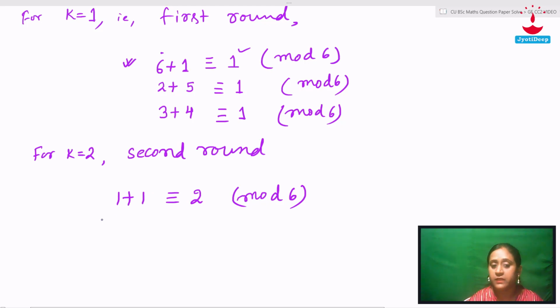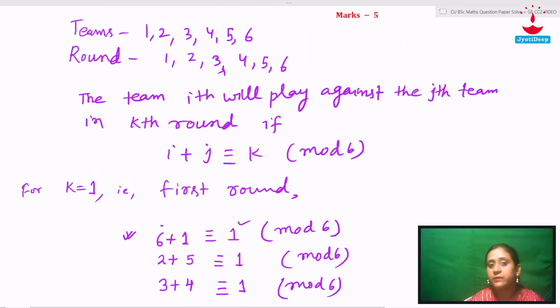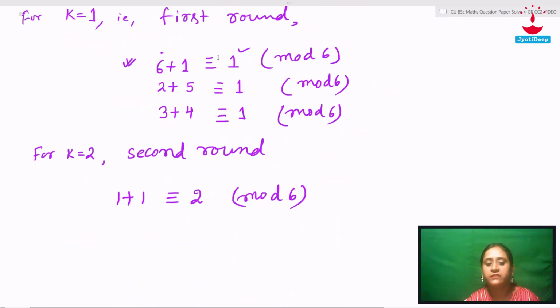The first team will play with the first team in the second round. 1 plus 1 is 2. Of course it will give a bye, because we have already said that round robin tournaments mean each team will play with each other team exactly once. So the first team cannot play with the first team, right? So it will give a bye. We will show it when we make the chart.